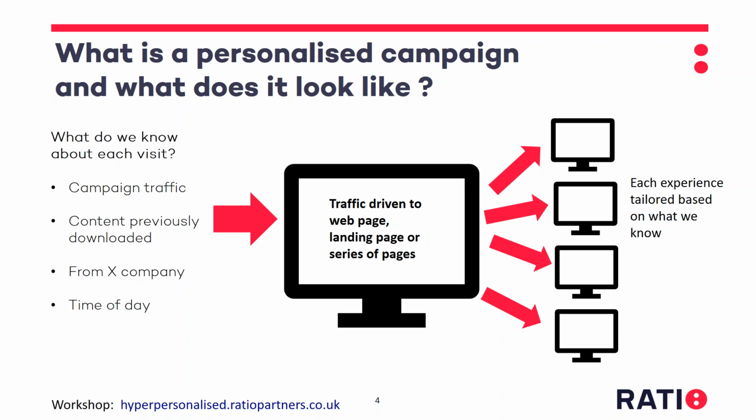We'd like to move towards more of the Amazonian model of tailoring each experience based on what we know. So if people come in from different segments based on time of day, are we able to tailor the image, the colors, even the CTAs based on what we know about them?